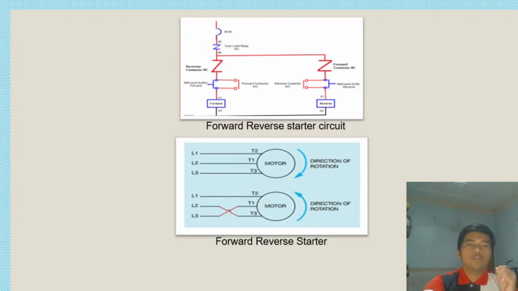The first motor shows the direction of rotation is clockwise, so it is the forward motor. And the second motor shows us the anti-clockwise direction of rotation. That means it is reverse rotation.